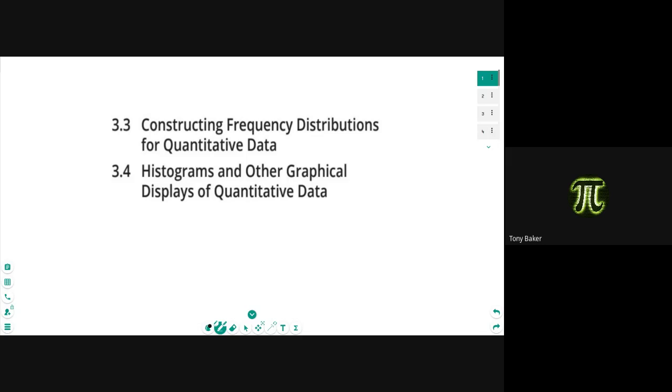One of the things that you typically see, and a lot of people call them a bar graph, is what's known as a histogram. A histogram is very similar to a bar graph, but it is based on quantitative data instead of qualitative data. So we're going to look at how to construct frequency distributions, which will lead into how to construct histograms. And understanding histograms will lead into how we can start doing the bell curve and all that other stuff later on down the line.